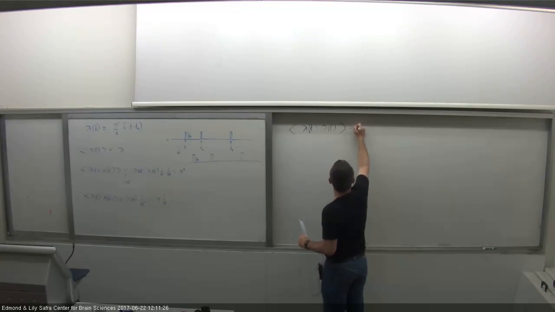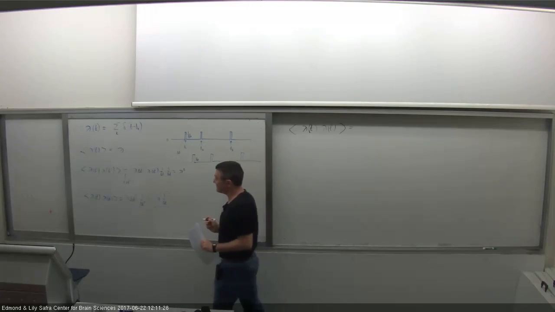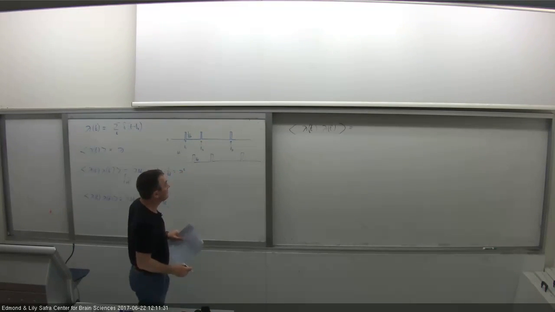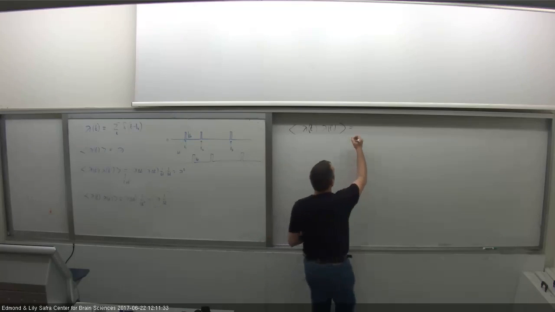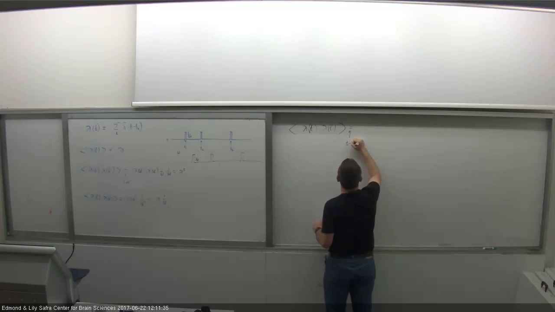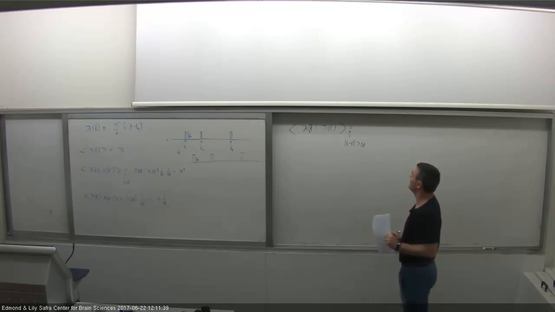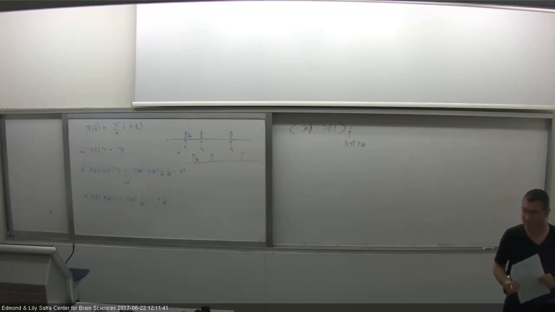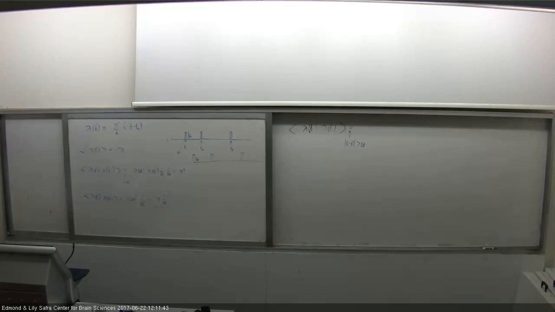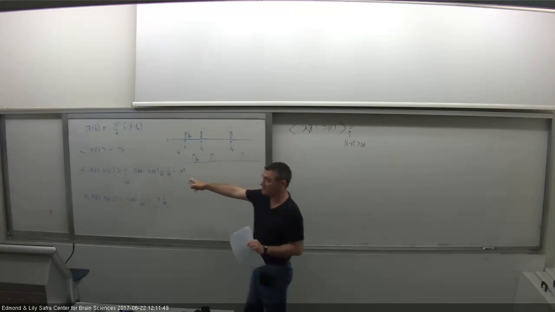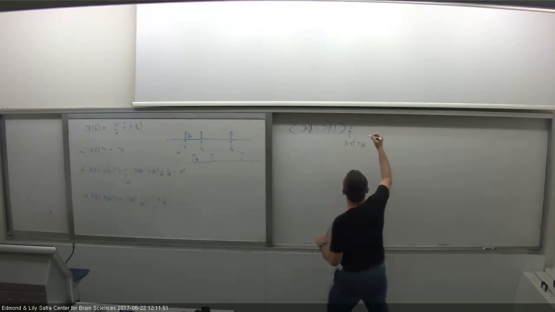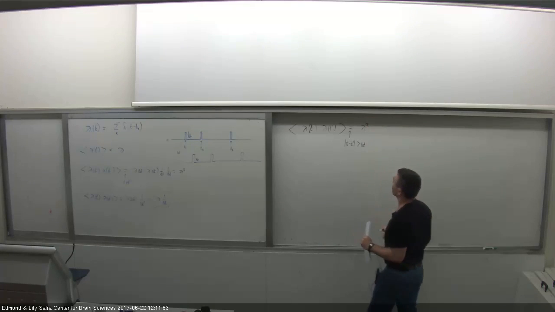So one limit that is easy would be when the difference t minus t prime is larger than delta t. What would be the answer in that case? Well, this would be this case, right? So independent. So this would just give us lambda squared.